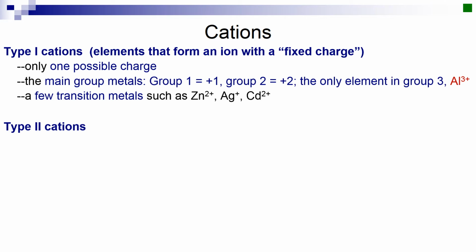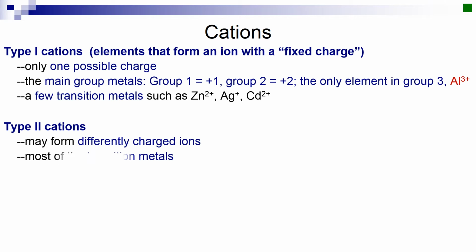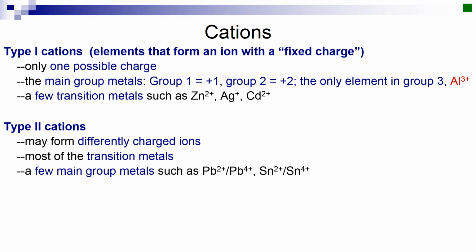Then the other kind is the type 2 cations, which form differently charged ions. This is most of those transition metals along with those couple of main group metals that we saw, your lead and your tin. Tin is Sn and lead is Pb. They're not American names.